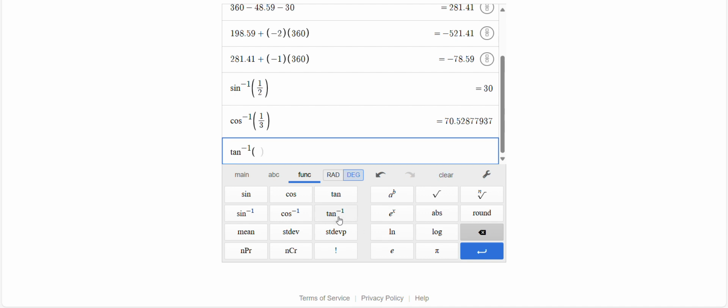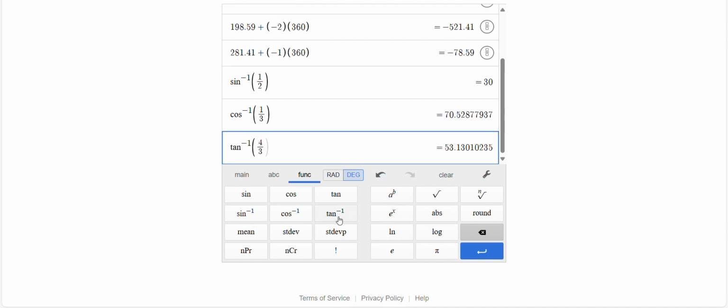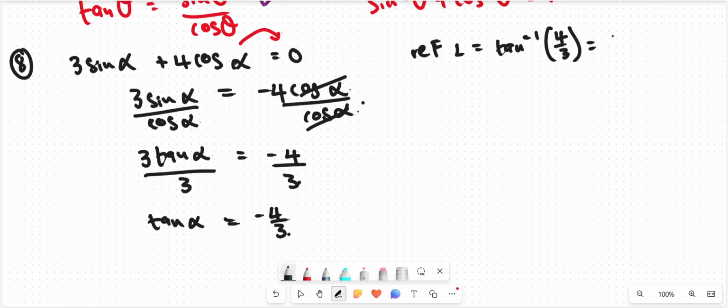Inverse tan of 4 over 3 is 53.13, so my reference angle is 53.13 degrees. Then where do I need to look? It's a negative, so where is tan negative? Tan is negative in S and in C, so quadrant number 2 and quadrant number 4.